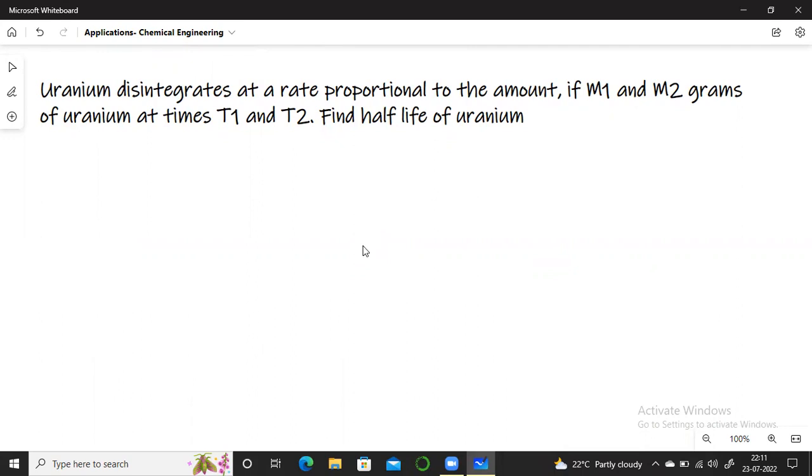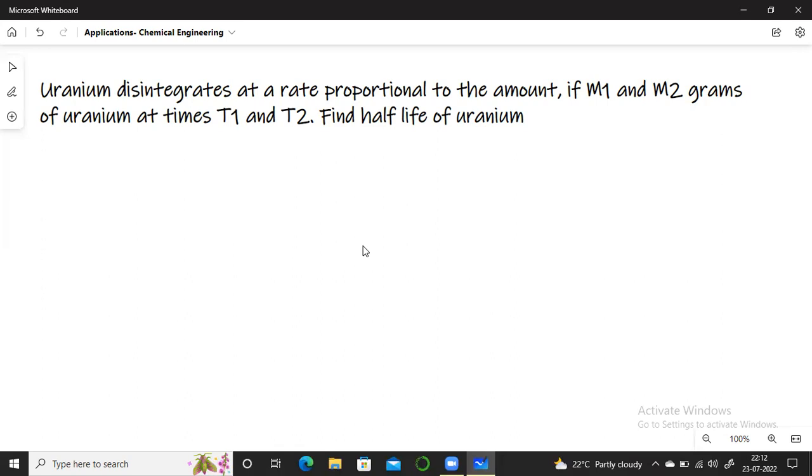So there is a body called uranium, which is disintegrating, decomposing with respect to time. It has mass M1 at time T1 and mass M2 at time T2. Finding the half-life means finding at what time the mass of the body becomes M by 2, half of the mass.